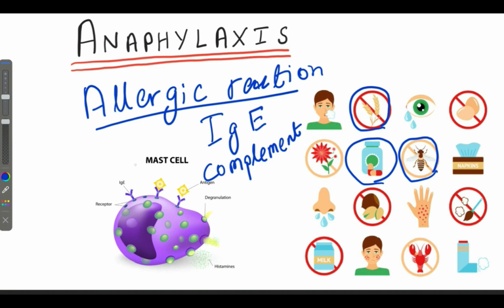Mast cells and basophils degranulate and release a whole cocktail of substances, which includes histamines and related compounds like prostaglandins, thromboxanes, and platelet activating factors. All of these compounds act together and cause a whole bunch of symptoms which we term as anaphylactic shock or anaphylactic reaction.